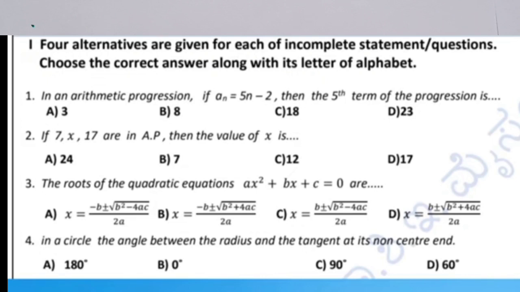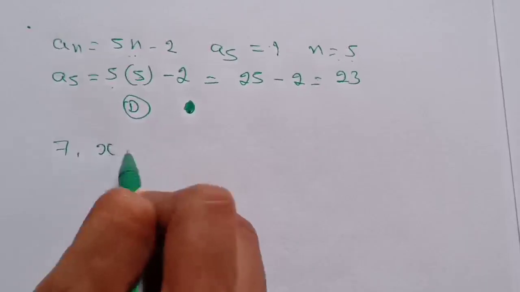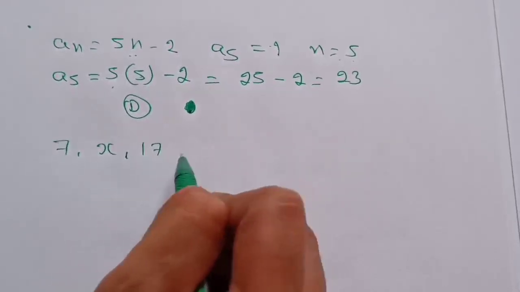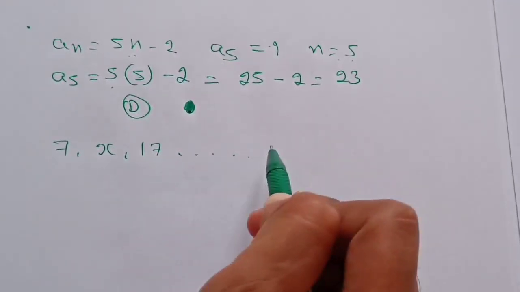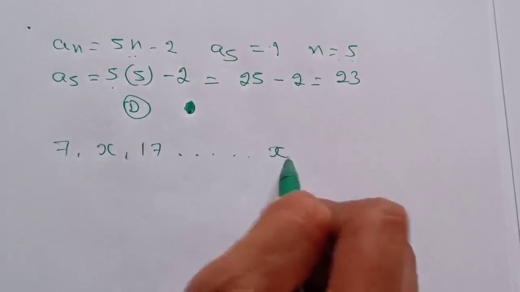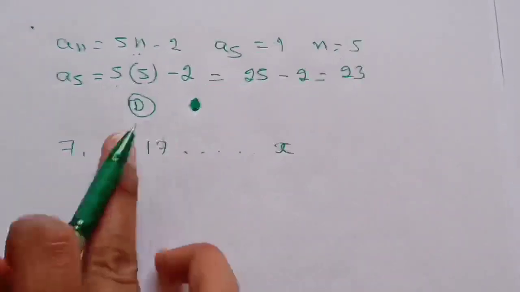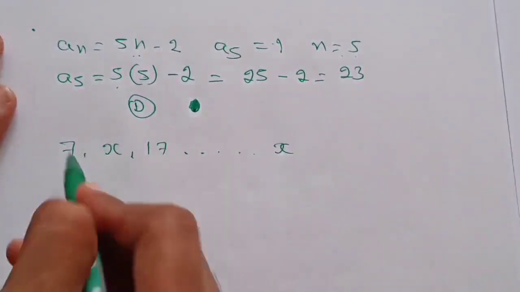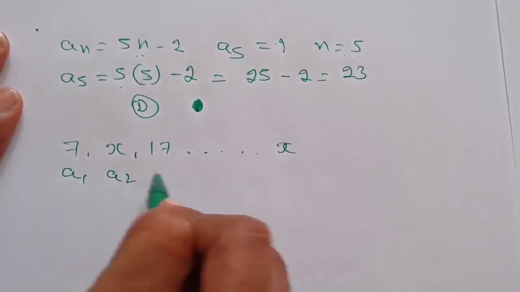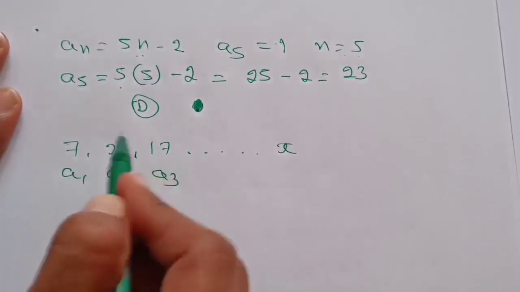Okay. If 7, x, 17 are in AP, what is the value of x? Now how to find this? These terms are in AP, right? Let me call this A1, this A2, this A3, because these terms are in AP.